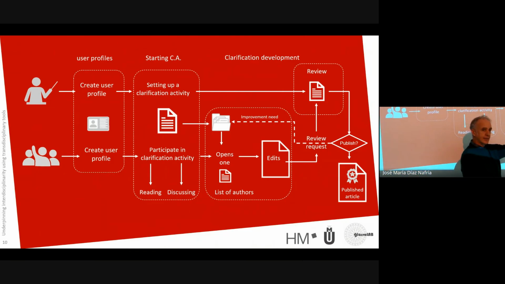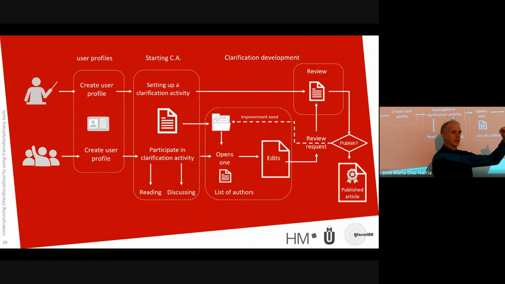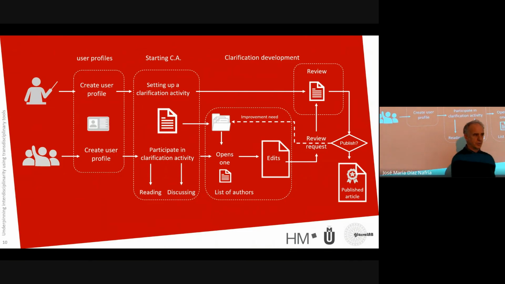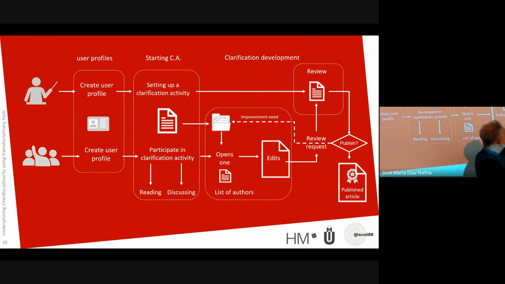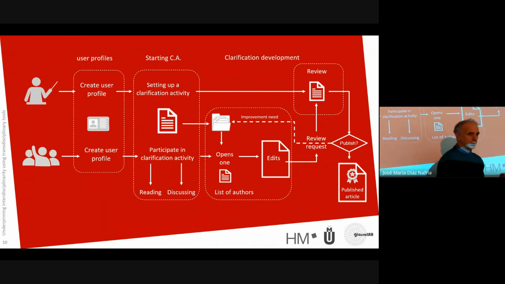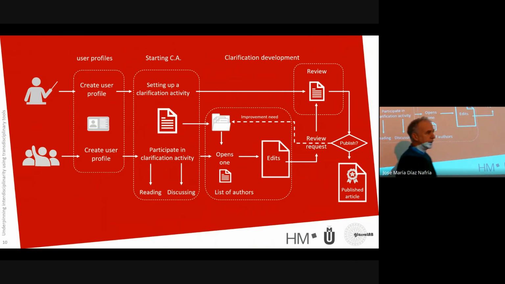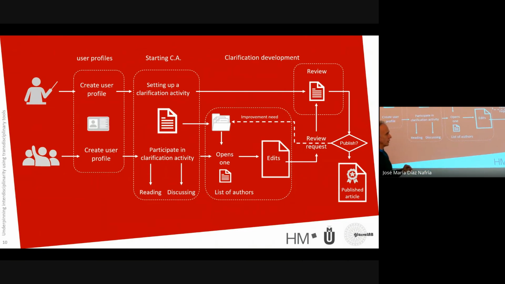You select one article that is being proposed because it is still not clarified, and then you open it. You may do it with some people, not alone. You list the authors who are going to participate, and you start editing. When you are done, you send it as a review request, and then the teacher, the organizer of the activity, will review it.